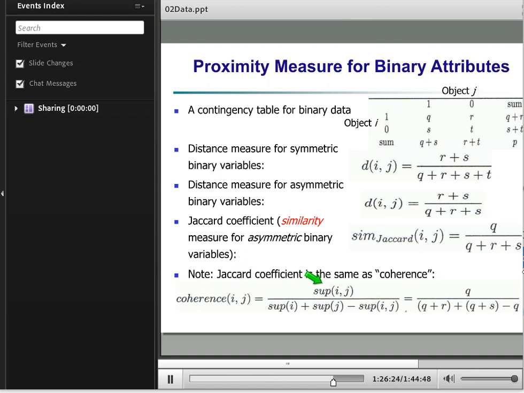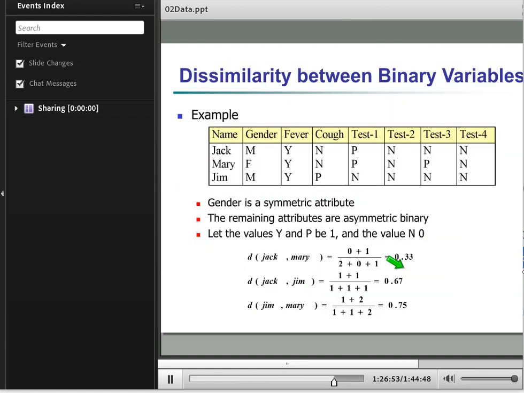Coherence between I and J is support of I and J divided by support of I plus support of J minus support of I and J, or Q divided by Q plus R plus Q plus S minus Q, or this one. So similarity of Jaccard is equal to coherence between I and J. Let me give an example here.